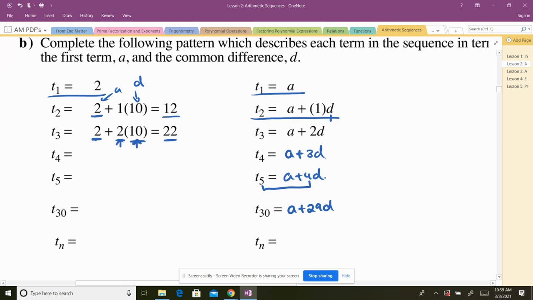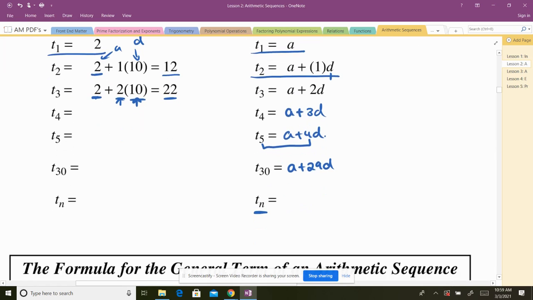So if you're going to write that as a formula, which they do at the bottom here, we're going to say the nth term, Tn, is the first term, A, plus, if it's term 30, this number is one less than that number, right?